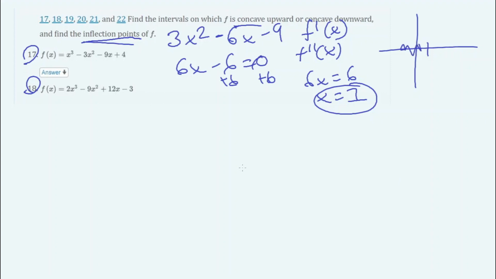And we have to figure out what happens to the left and the right. So in order to find out what happens to the left, we have to plug in a number to the left of x equals 1 into the second derivative function, which would just be 6x minus 6. So let's plug in 0 since it's to the left of x equals 1, into 6x minus 6.